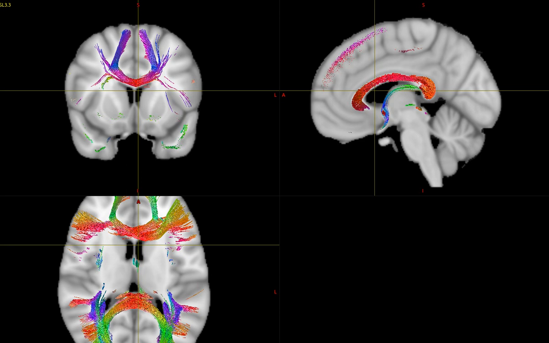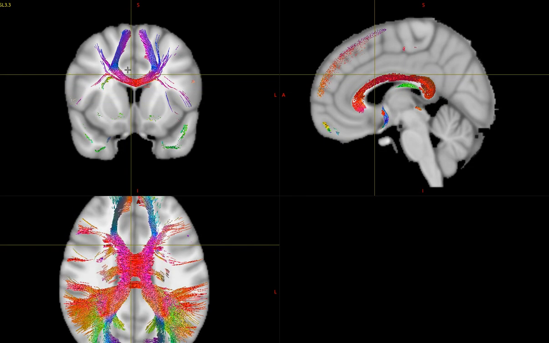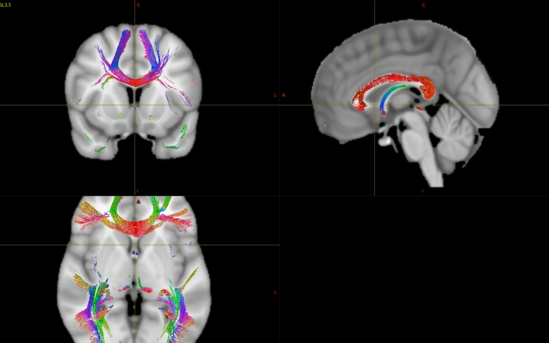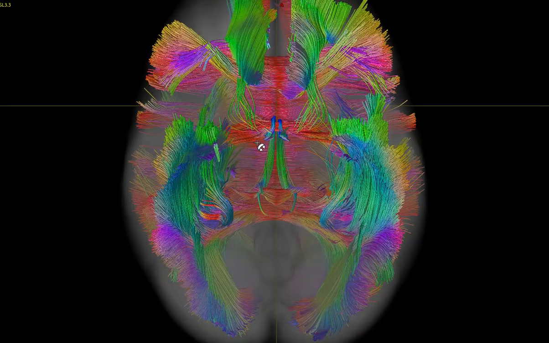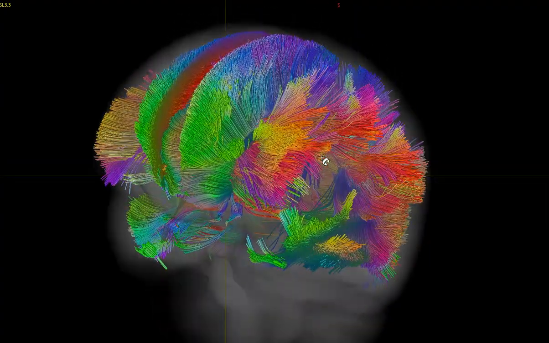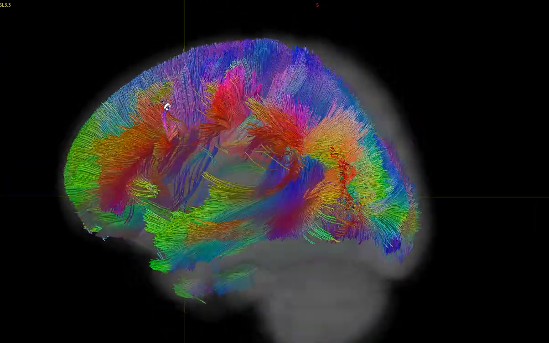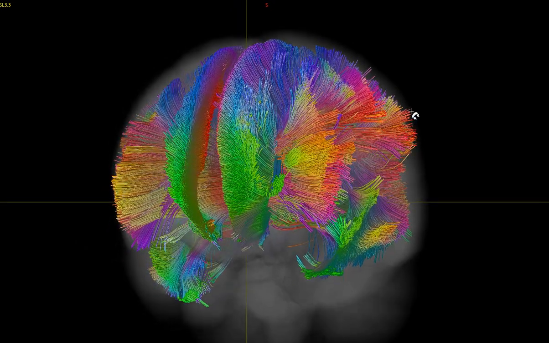Okay, and now one thing to drive home is just how large the corpus callosum is. So this is the sum total of all the commissural fibers. If I show you a 3D rendering of the brain, these are all the commissural fibers.